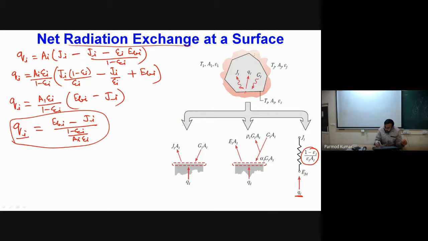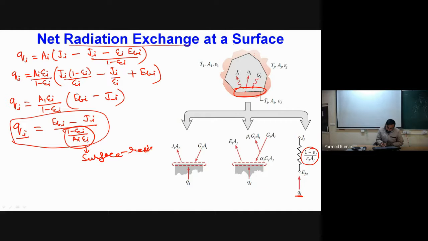Okay, so now since we are only talking about a single surface, and because of some absorption reflectivity characteristics of this surface, we are finding that some part of the irradiations will be absorbed and some part will be reflected. So depending upon these two characteristics, actually the total radiosity of the surface will be varying. So that's why, because we are only talking about radiation exchange at a surface, we call this particular parameter nothing but our surface resistance.